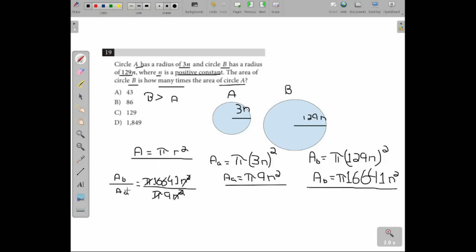Now the ratio between the areas is 16,641 divided by 9, which is 1,849. Therefore, the area of circle B is 1,849 times bigger than the area of circle A, which is answer D.